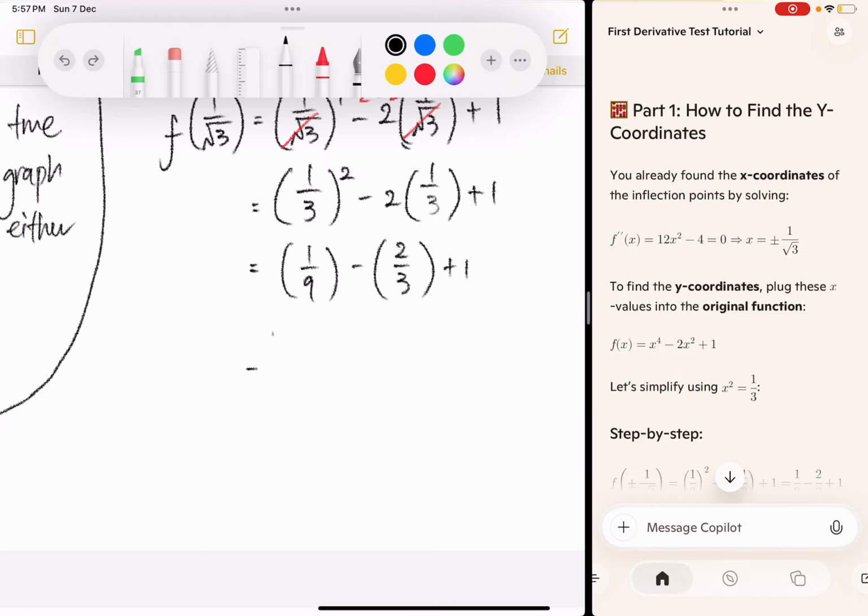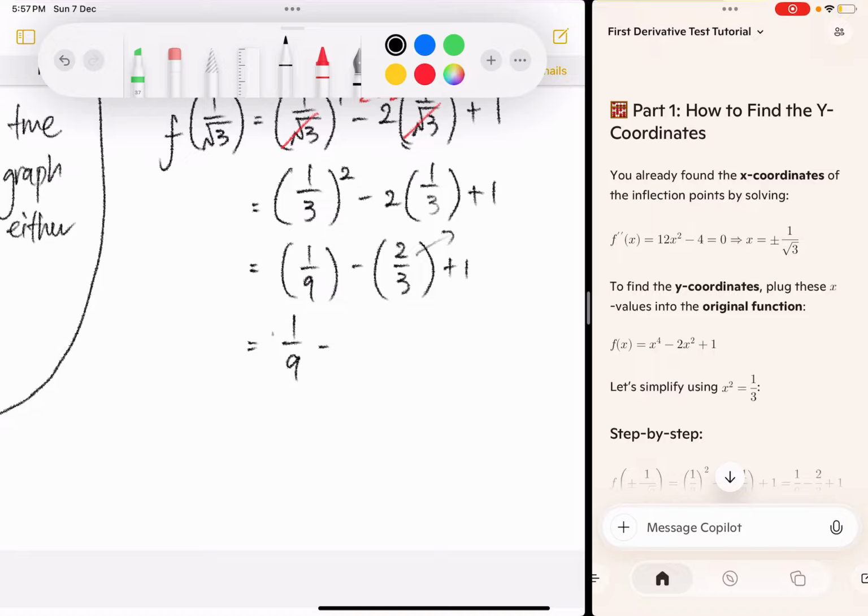Let's use 9, because that is the biggest denominator. So 1 over 9 minus, how can we turn 2 over 3 into a denominator of 9?